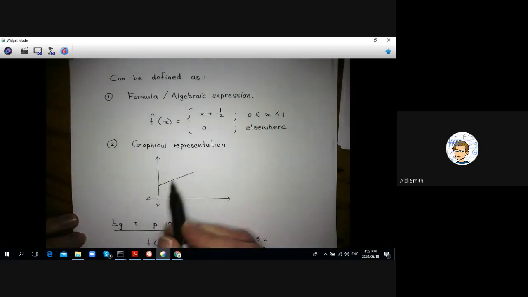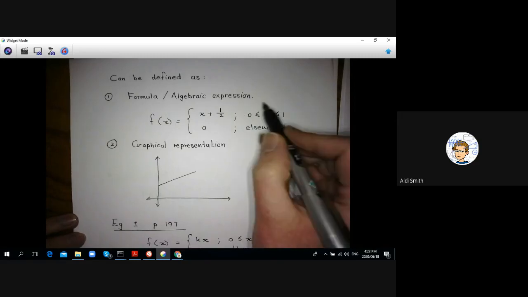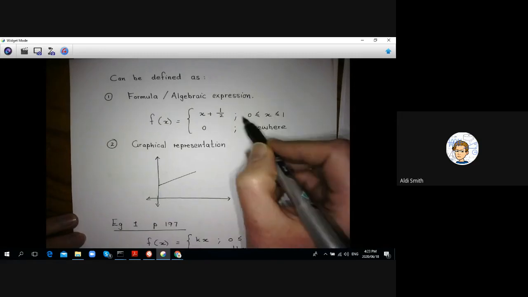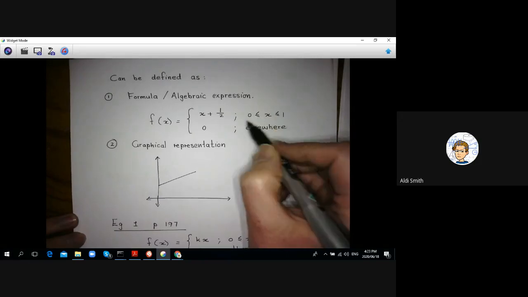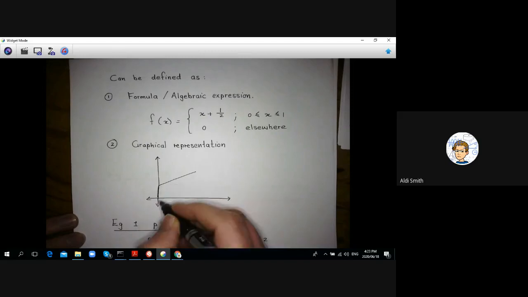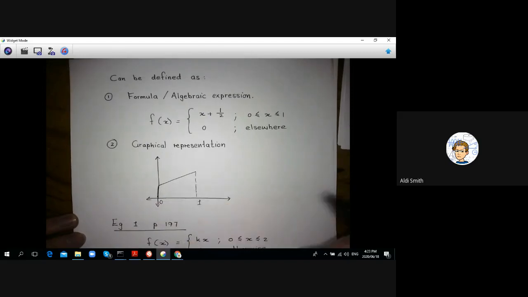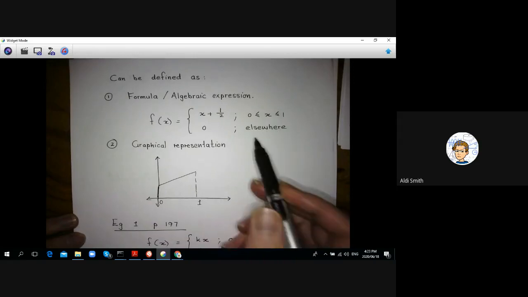And the reason it will only run from there to there is because we normally have a domain of values. So we have here all the possible values that work. And there's a good reason for it. So it'll start like here at 0, and it will end there at 1. And the reason because of that is the following.